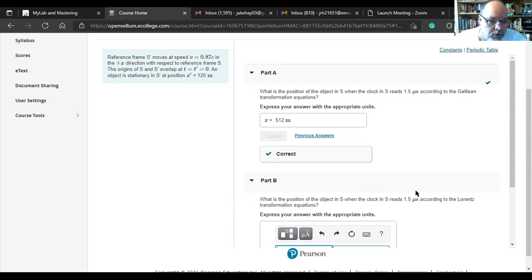So let me show you, can I borrow the screen for a second? It's easy to say, but it's easier to understand what I'm talking about when I'm actually writing it for you. So the Lorentz transformation equations are x is equal to gamma times (x prime plus v t prime).